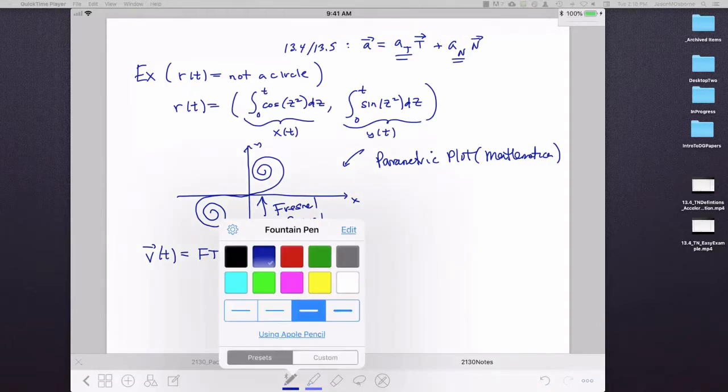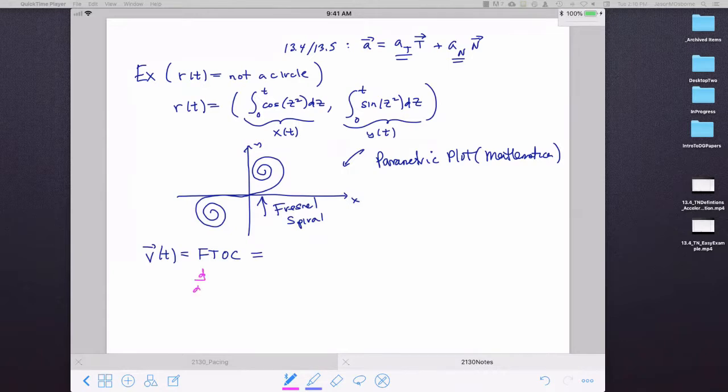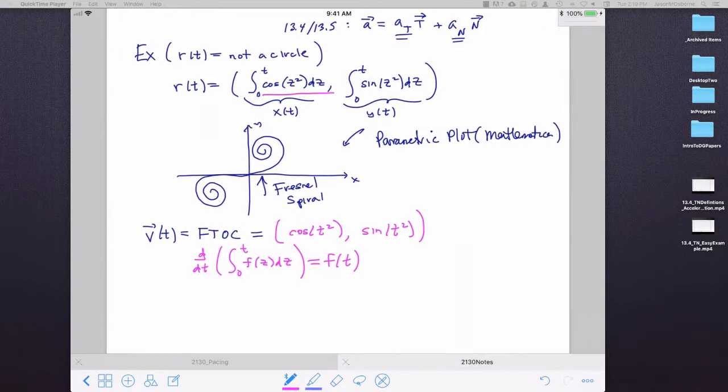It says that the derivative with respect to t of the integral from 0 to t of some function f of z dz is just that function evaluated at t. So the derivative of the first entry is cosine of t squared and the second is sine of t squared. So there's your velocity vector.